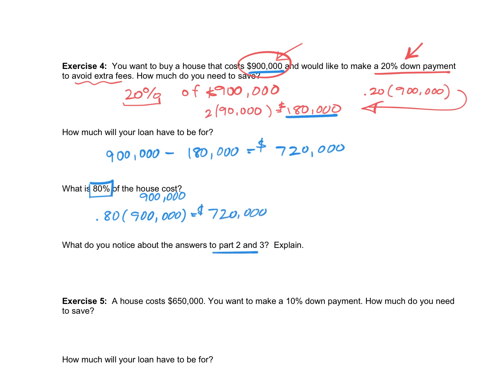And so we notice that these are the same numbers. Well, why is that? What did we do? Well, remember, 900,000 was 100% of the home price. 180,000 was 20% of the home price. And so that would mean that this would be the leftover chunk, which is 80%.